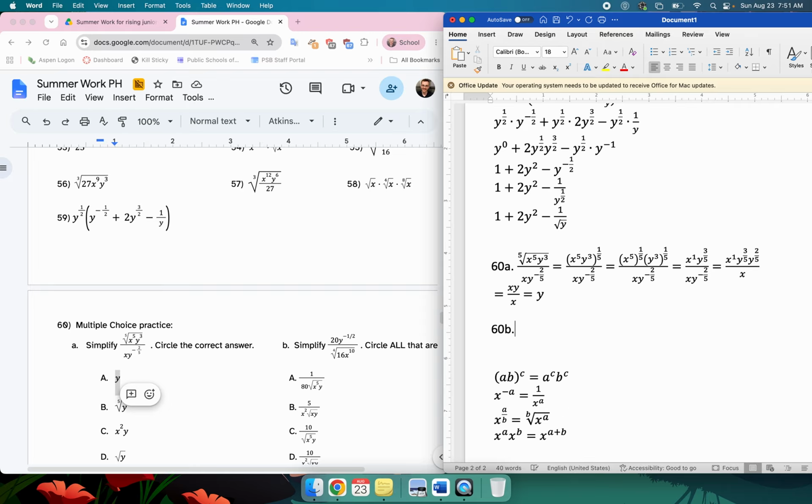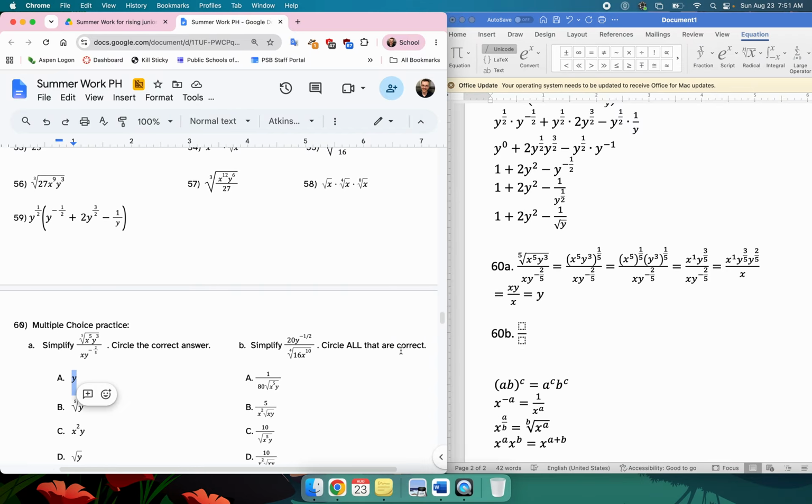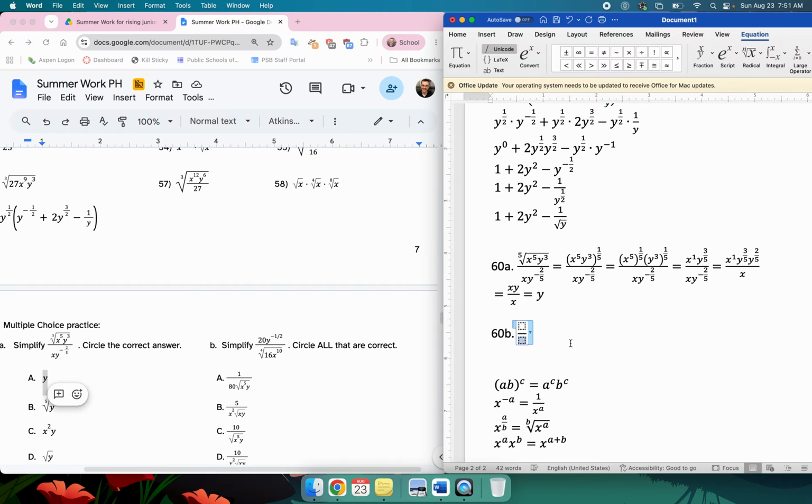The 60b is going to be a similar kind of story. Oh, except it says circle all that are correct. Oh, great. So apparently there's more than one answer, probably. Okay. Well, I think I would start by rewriting that fourth root as a fractional exponent.